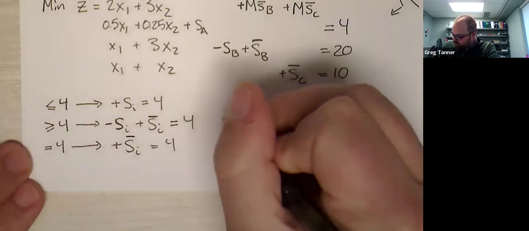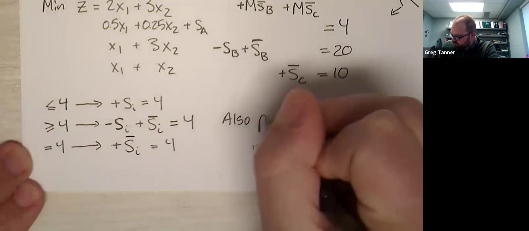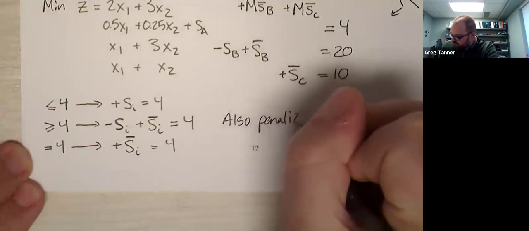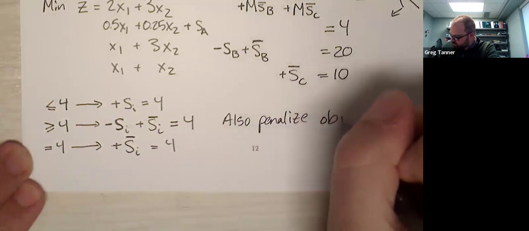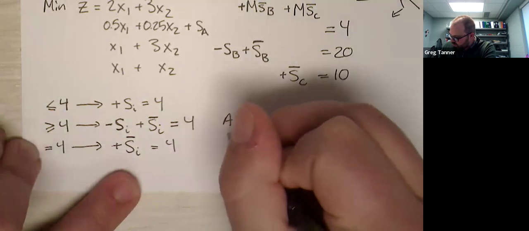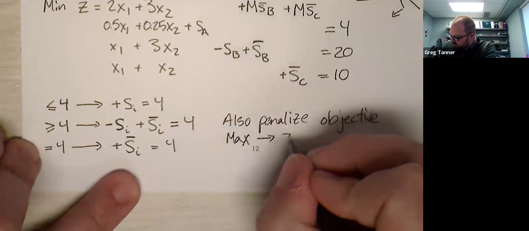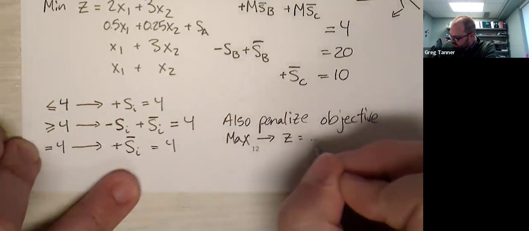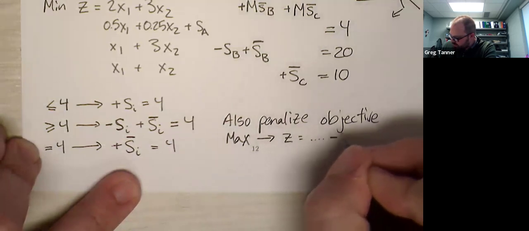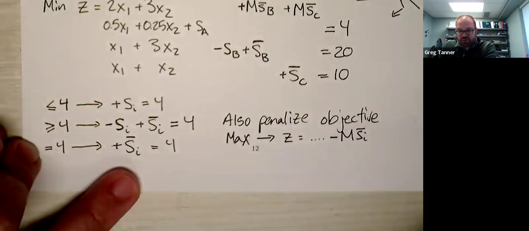And then also penalize the objective. So if you've got a maximization problem, z equals ..., we're going to subtract big M times our artificial variable.